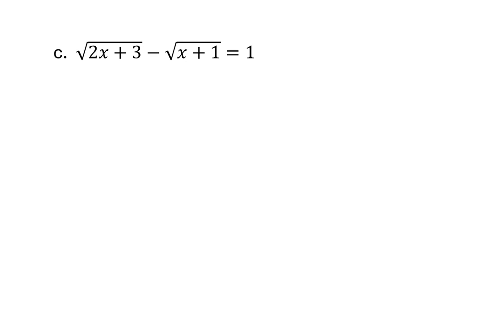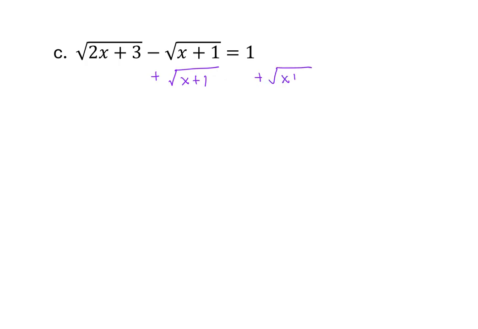And as I mentioned in the procedures, we want to isolate the more complicated one. And ultimately, are they really all that much more complicated than each other? Not really, okay? But we're just going to go ahead and isolate one of them.